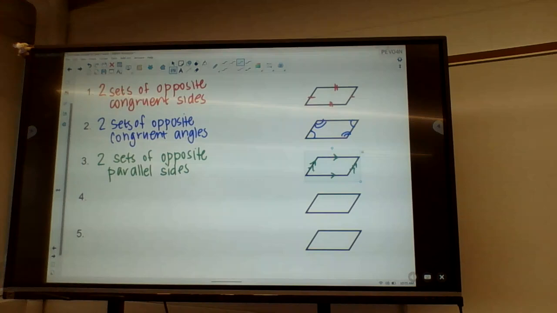Here I'm going to check up 5, over 5. So these slopes are both 1, and so this would be a parallelogram.